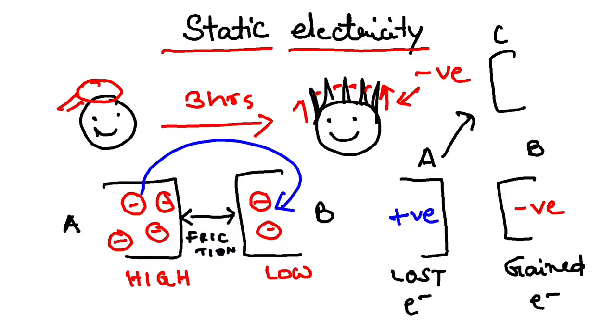Next point. And that is why, because they are negatively charged, they are standing on their ends. Next point. Why are they separate from each other? Because all of them are negatively charged, and we know that similar charges repel each other. Because similar charges repel each other, the hairs repel each other, and that is why there is a gap between them. Right? I think you have understood that part.